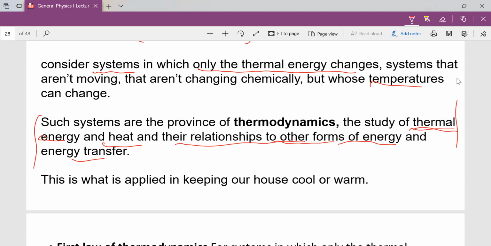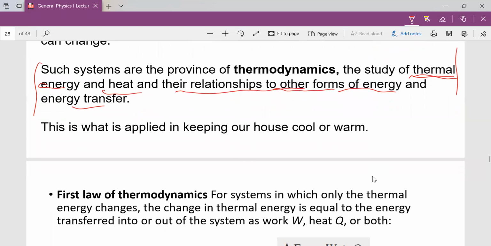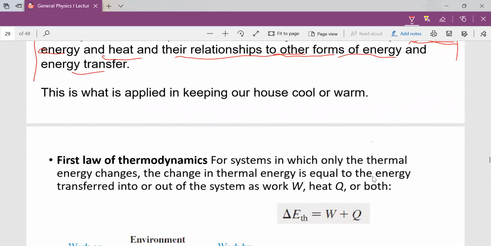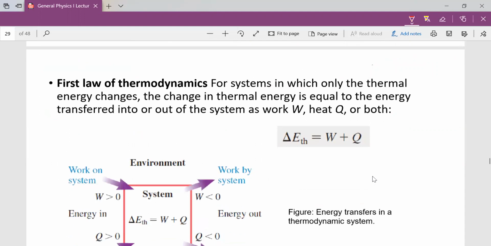We should also keep in mind that we'll look at the application of this law to our natural phenomena, okay? And it is this law that we use, wherever you see where temperature is controlled in terms of cooling and heating, it is the law of thermodynamics that comes into play.